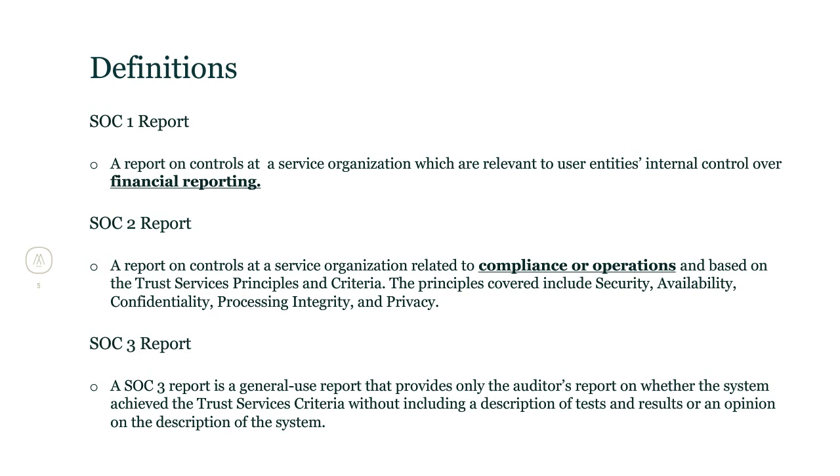The SOC 3 report is generally the report that provides the auditor's opinion on whether the system was effective or not, but it generally doesn't have all of the detail that a SOC 2 would require.